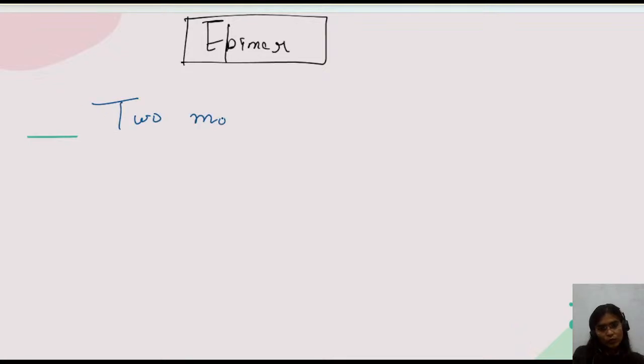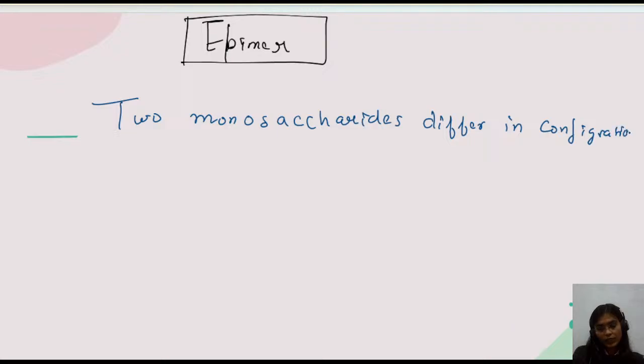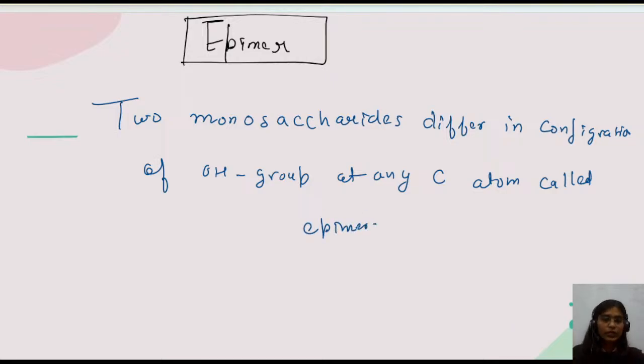Two monosaccharides, which means simple sugars, like what we just discussed, that differ in configuration of the OH group at any carbon atom are called epimers. Listen to my point: if the first carbon differs, that becomes an anomer.